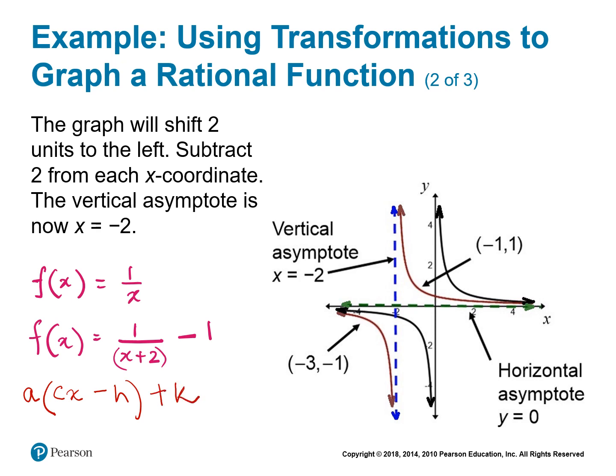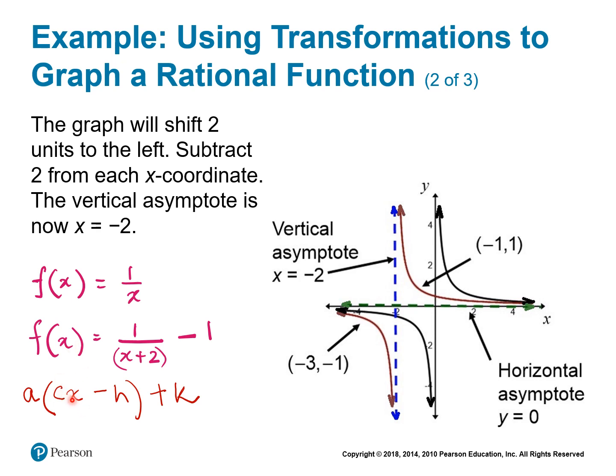Okay, so let me explain what each of these constants mean as far as transformation is concerned. A determines vertical shrinking or stretching, and the sign of A determines reflection. C determines horizontal stretching and shrinking.